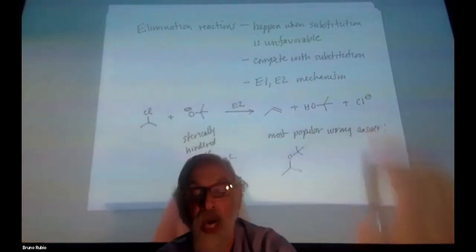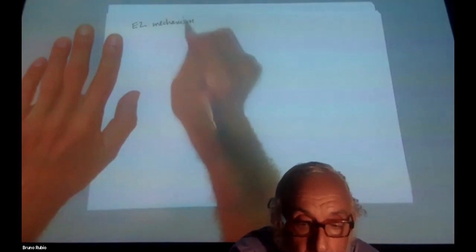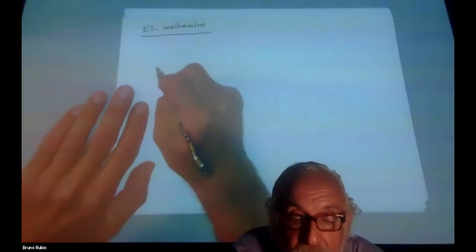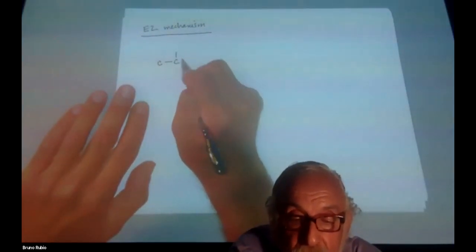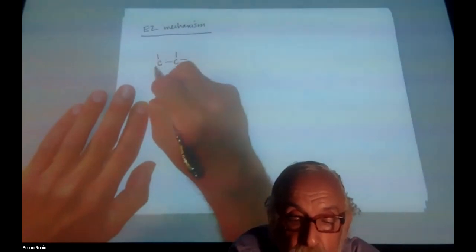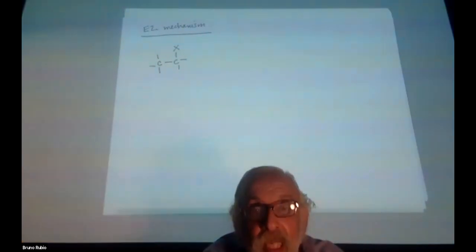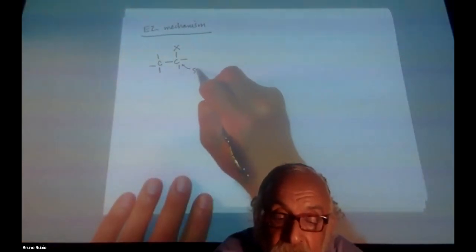Okay, so let's talk about the E2 mechanism. We have a substrate, just like in SN2, and up here I'm going to put X. That's the leaving group. We're just talking about halide leaving groups.